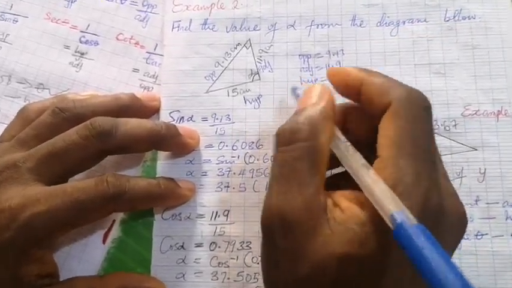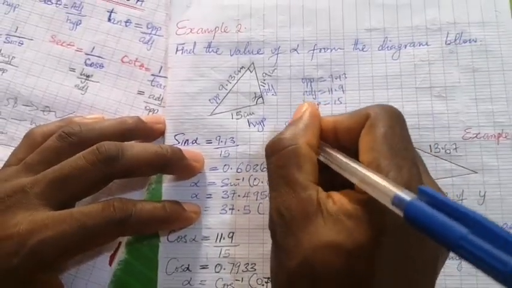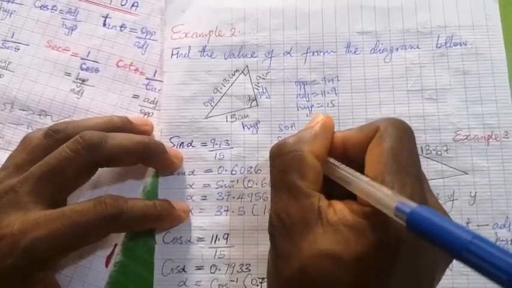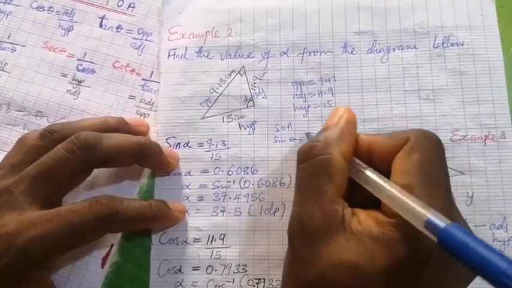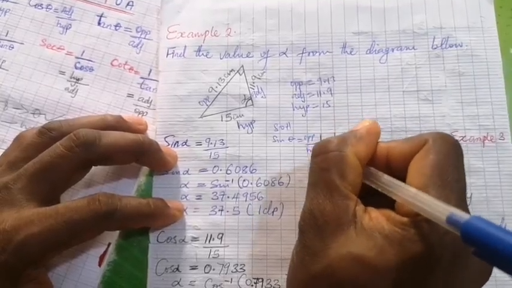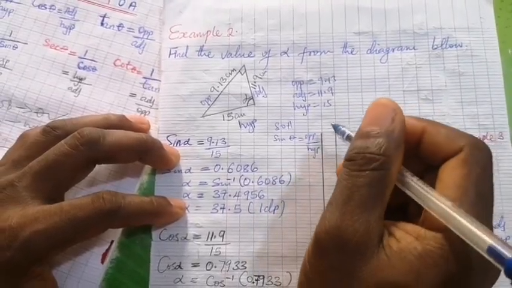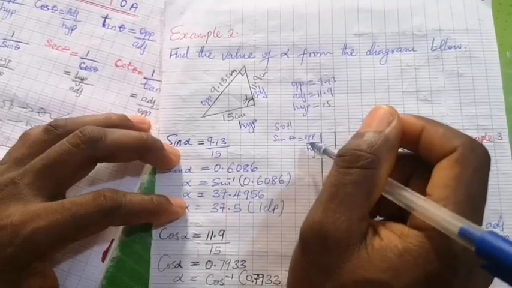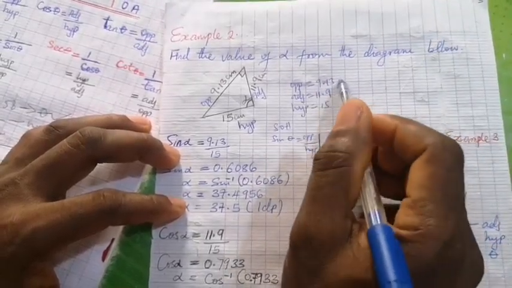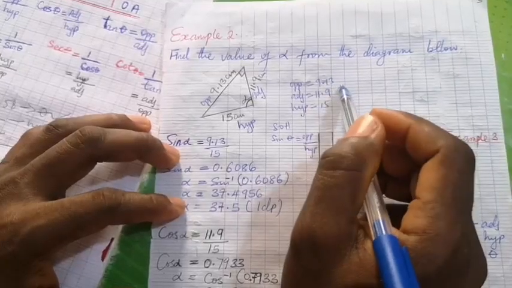SOH stands for sine theta is equal to opposite all over hypotenuse. So we ask ourselves which of these parameters we can use.